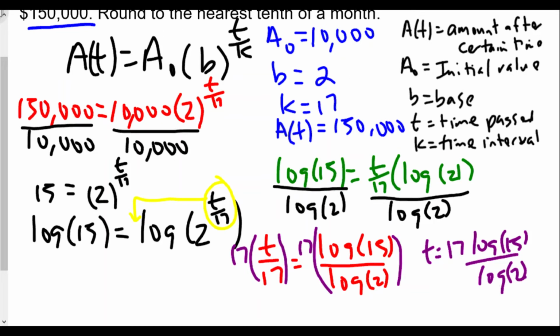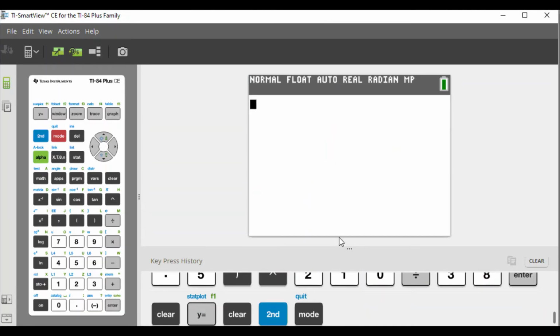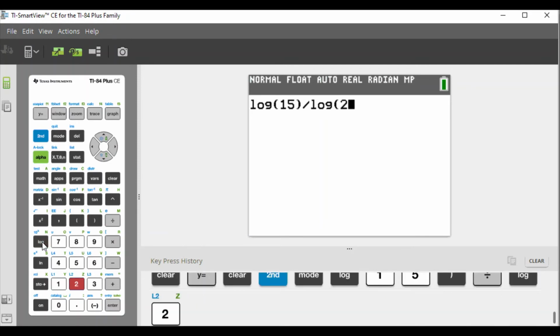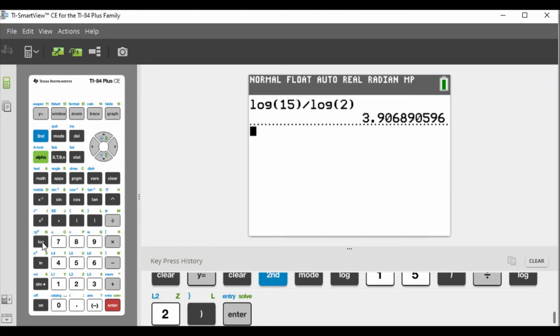So let's get to our calculator. All right? And so, again, we have the log of 15. So log of 15, and we can divide that by the log of 2, right? And then multiply that by 17. We could have done 17 times the whole thing, but that's okay though. We'll hit times 17.